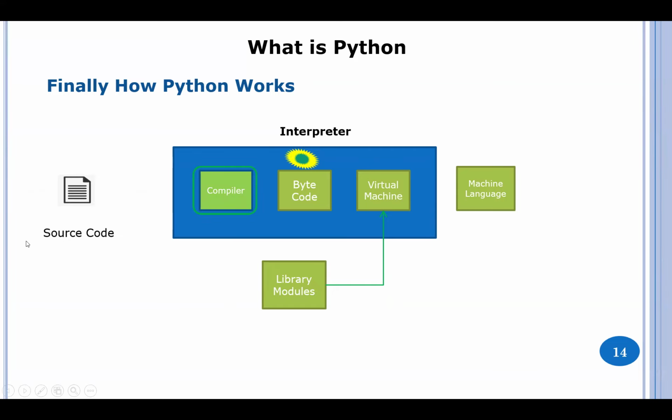As soon as you use the compiler, it will convert the file and you will get the .pyc file. What is the file extension? .pyc. पyc का मतलब क्या है? Python compiled. So the intermediate language file extension is .pyc.